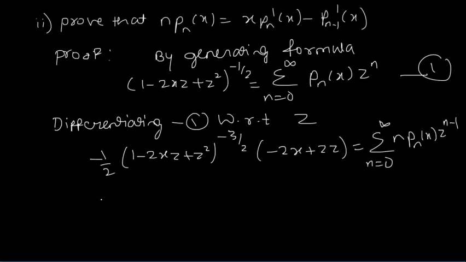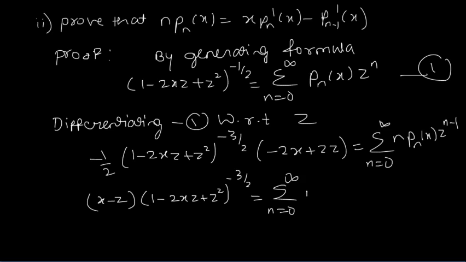Taking 2 common from this, the 2 gets cancelled, then multiplying this minus with this, minus minus becomes plus, so it becomes x minus z into bracket 1 minus 2xz plus z square raised to minus 3 by 2, which is equal to summation from n is equal to 0 to infinity n into Pn of x z raised to n minus 1.